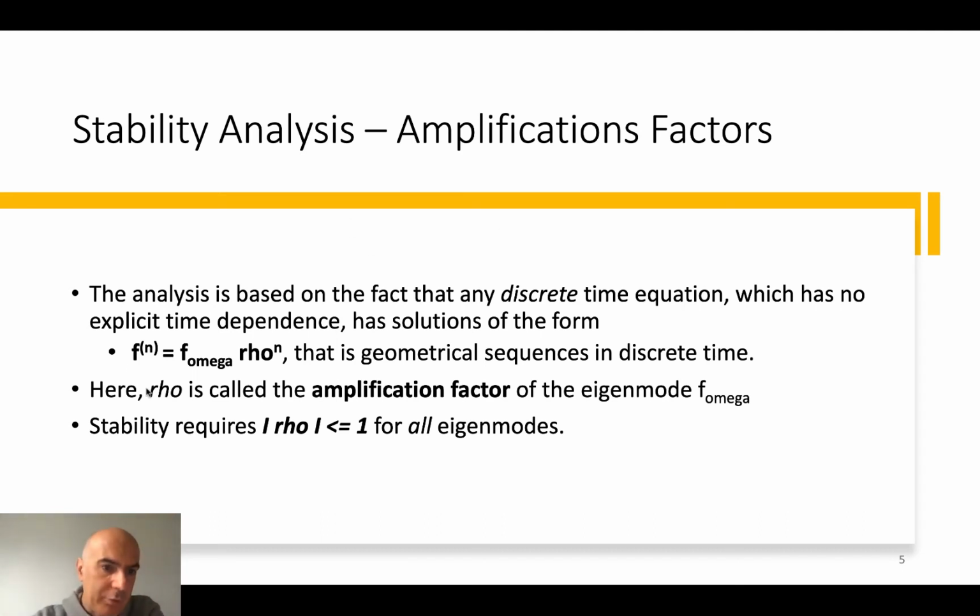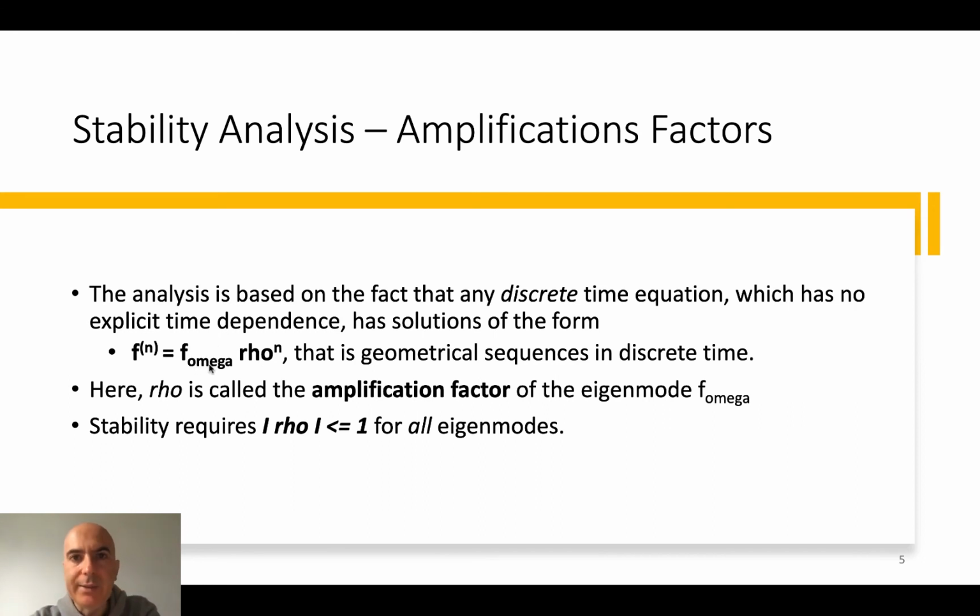So our solution at time n is going to be our function f omega multiplied by rho, that is our amplification factor, to the power of n. This generates a geometrical sequence in discrete time, since we have rho to the power of n. As I told you, rho is called the amplification factor of the eigenmode f omega.